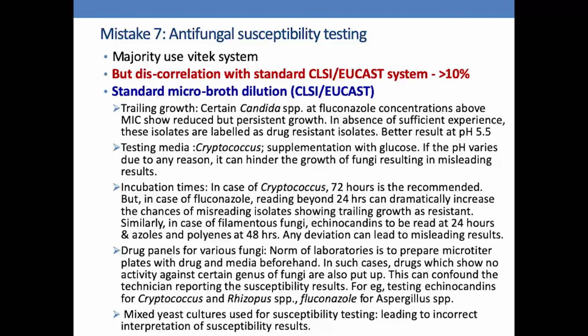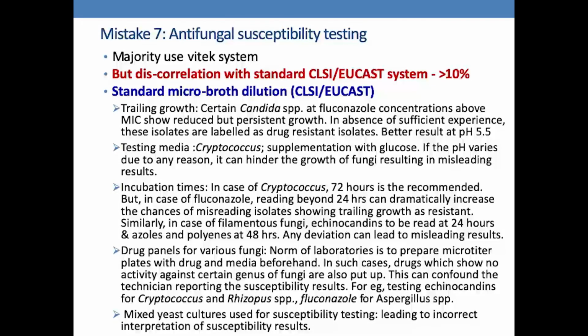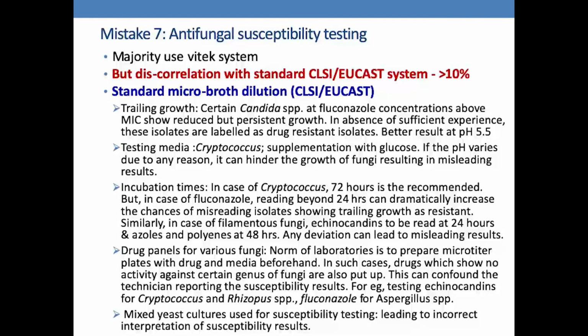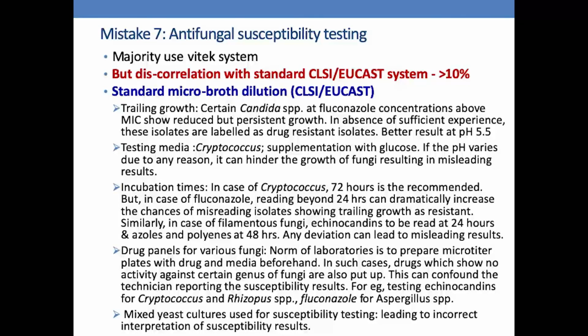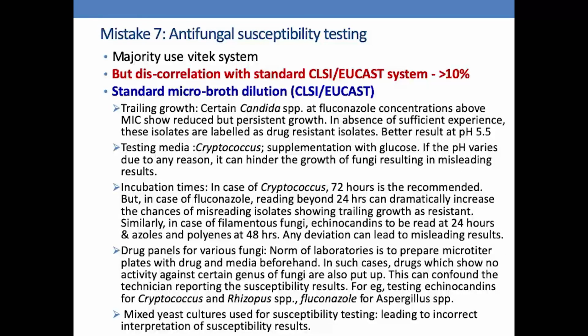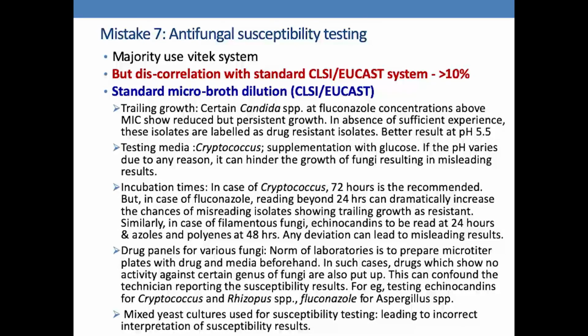Generally, for microbroth dilution, we prepare all the dilutions of the drug early, keep them at minus 70 degrees centigrade, and later when we need to, we do the susceptibility. But here a problem comes. Suppose when you are doing the susceptibility of Cryptococcus, you have a dilution of echinocandin.